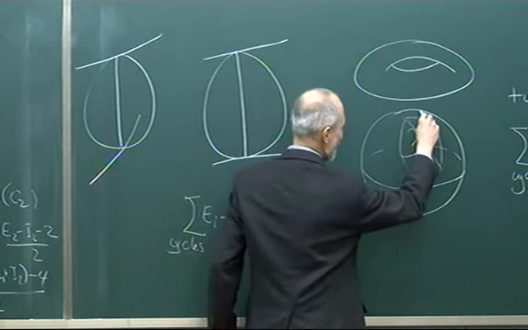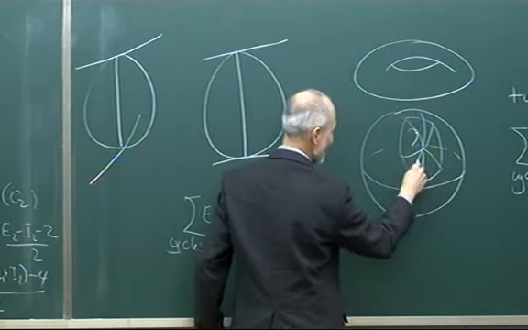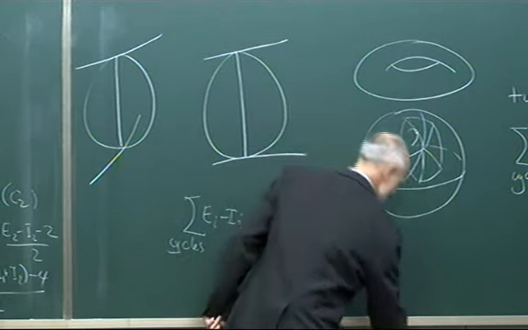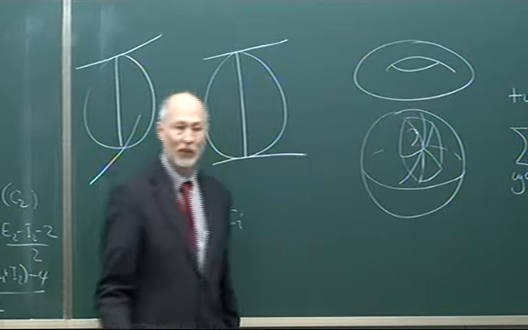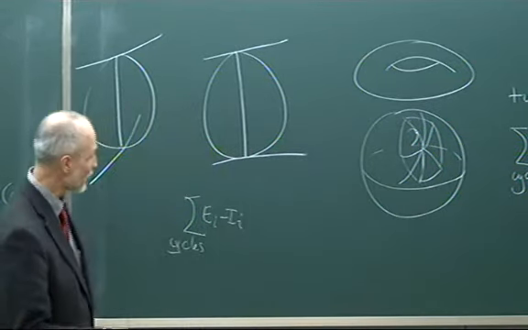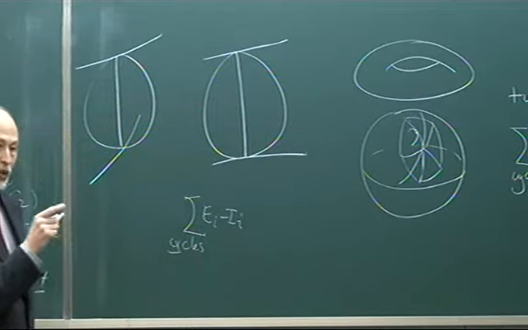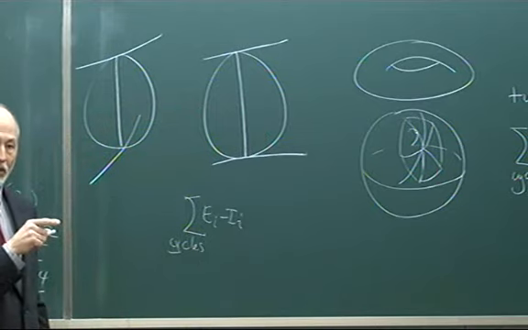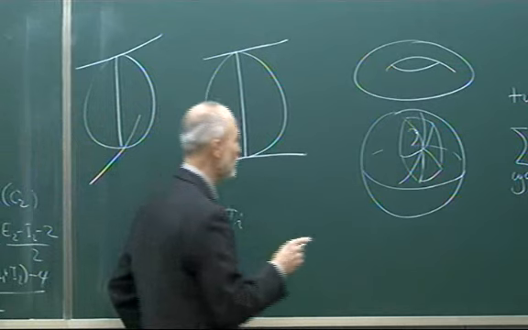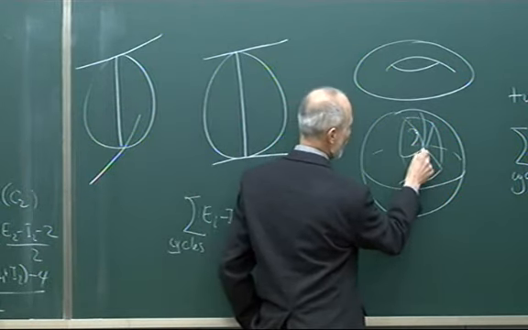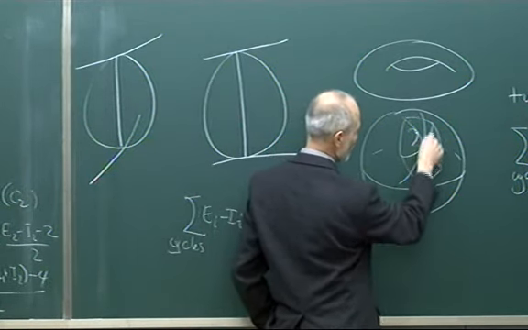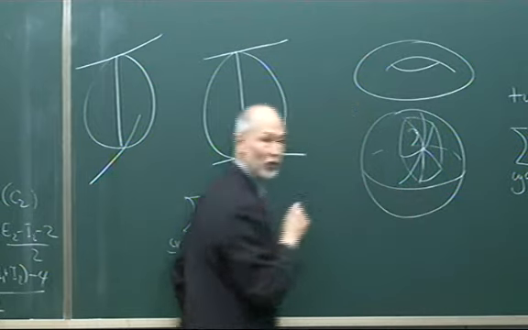But if I have a flow line passing through a vertex, then notice that flow line will be exterior to all but two of the cycles that meet.